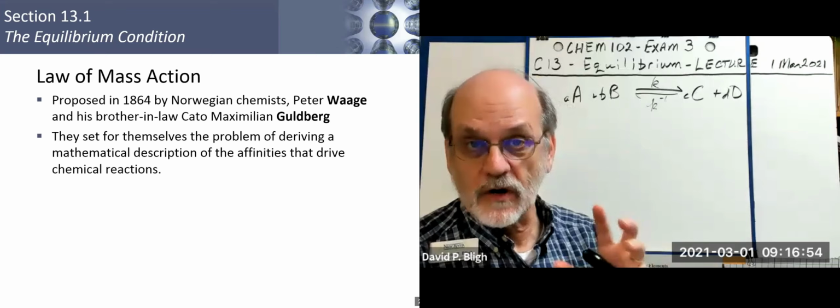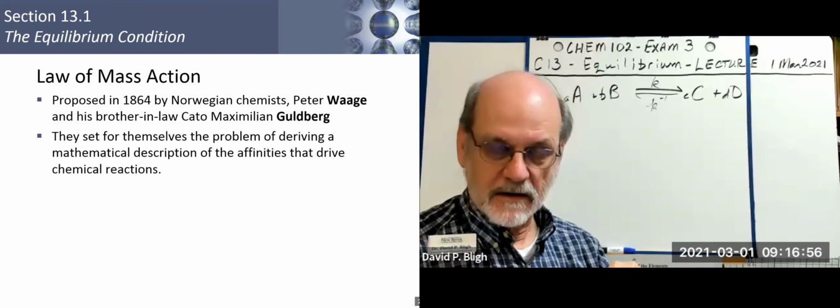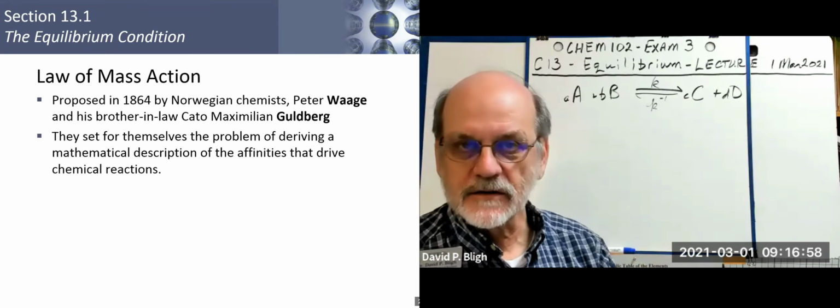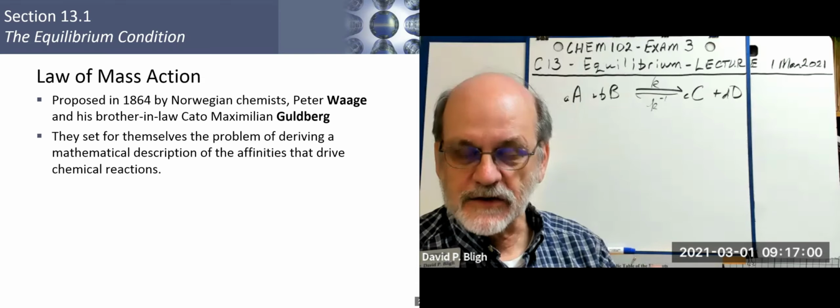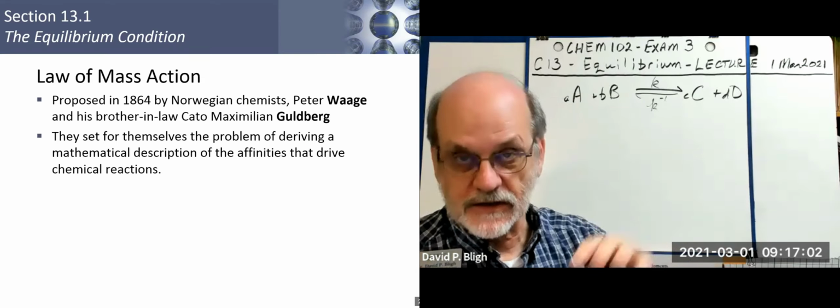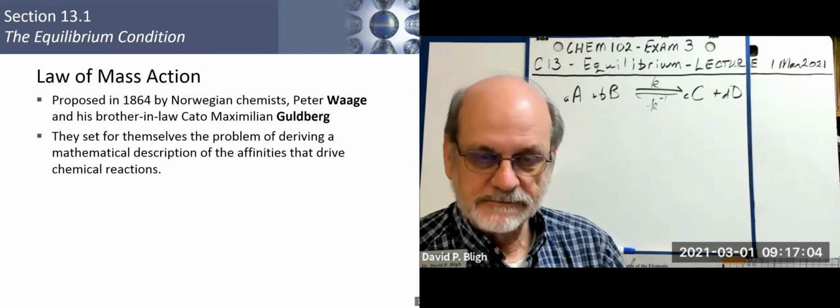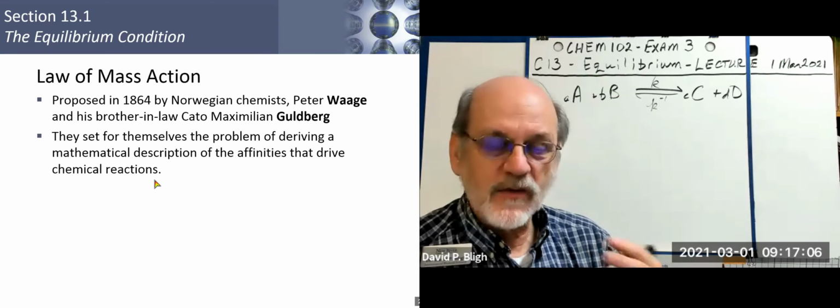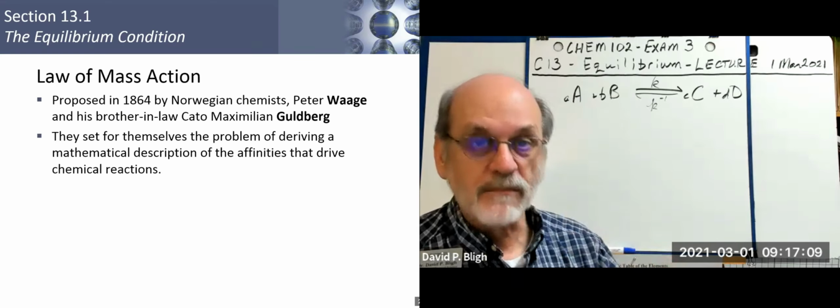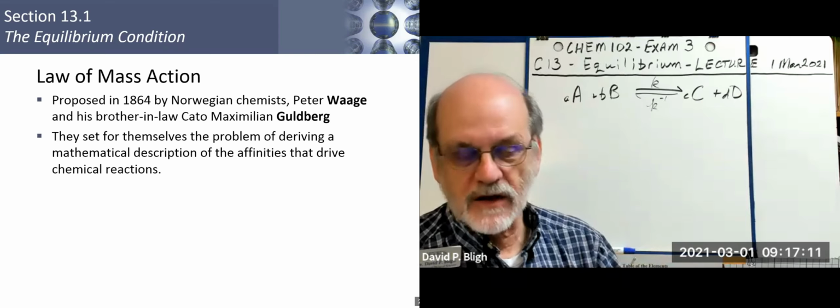Now, mass is preserved, that's true. The total mass of reactants and the total mass of products is a constant. It doesn't change. But in order to understand the reaction, they needed to understand numbers of atoms and numbers of molecules.